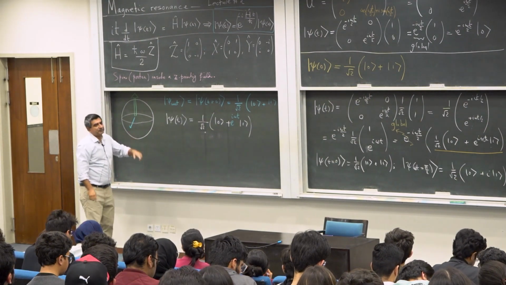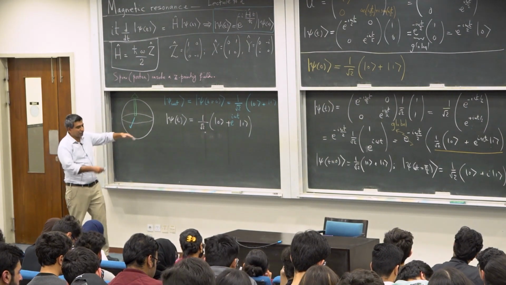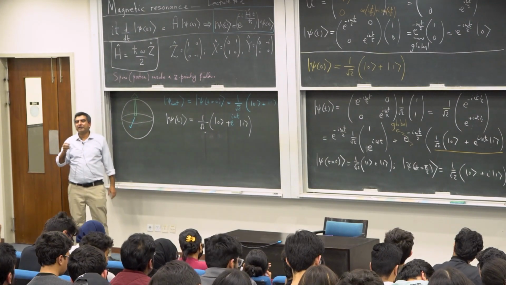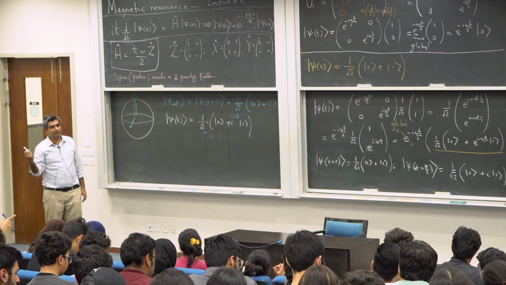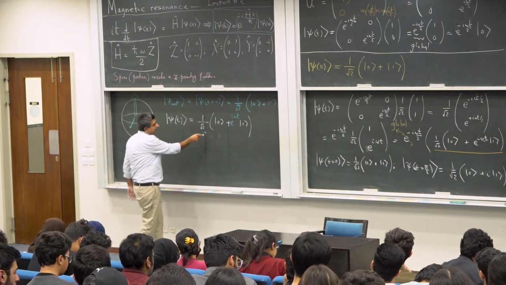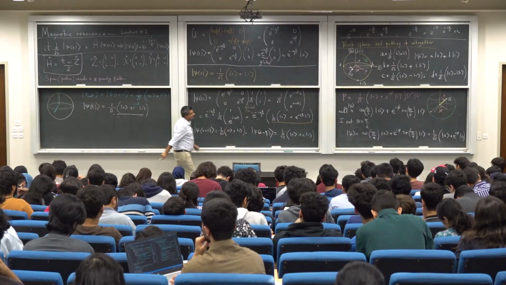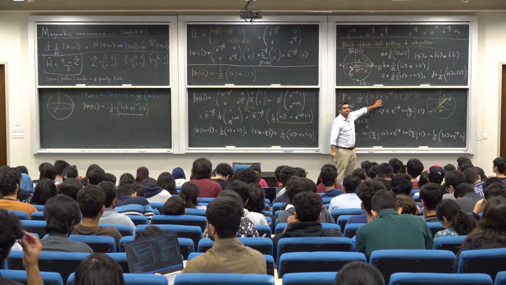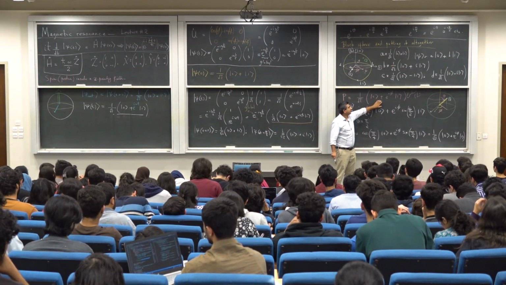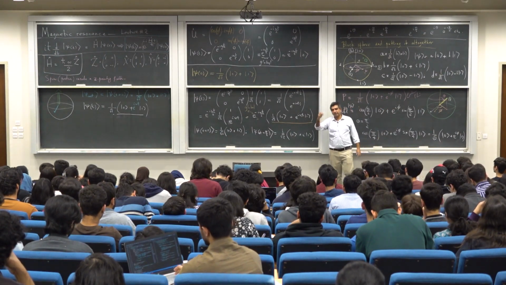Now if you look at this quantum state, which changes with time, it's going to trace a circle on the equatorial plane. This quantum state here is exactly the same quantum state as I have over here, just that the phase factor is now time dependent.